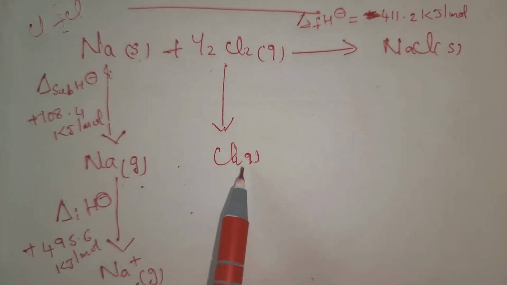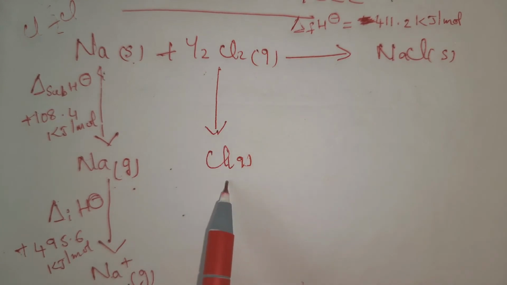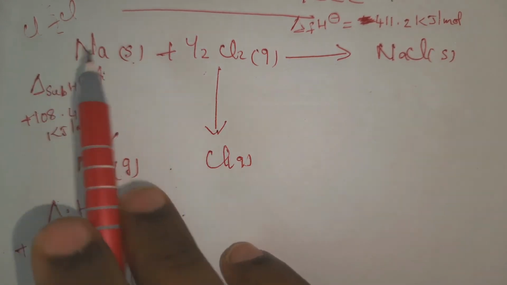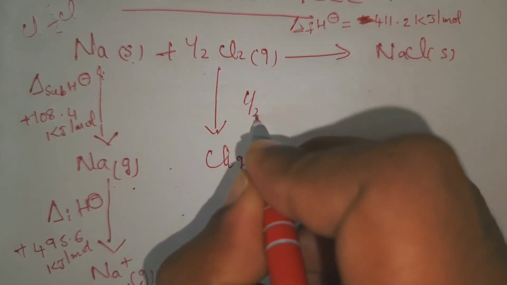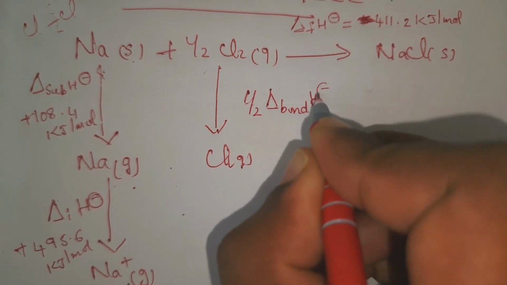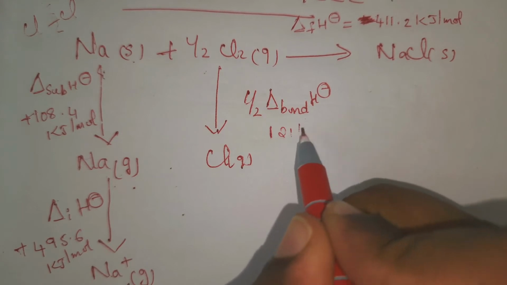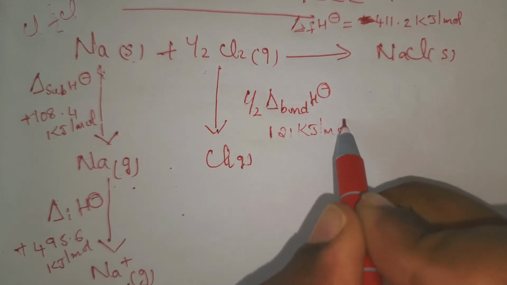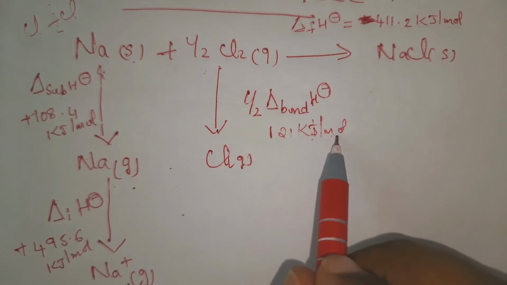This is the Cl2 molecule, you need one atom of chlorine, so you need to break that bond and get Cl. For that you need half the bond dissociation enthalpy, and that value is 121 kilojoules per mole.